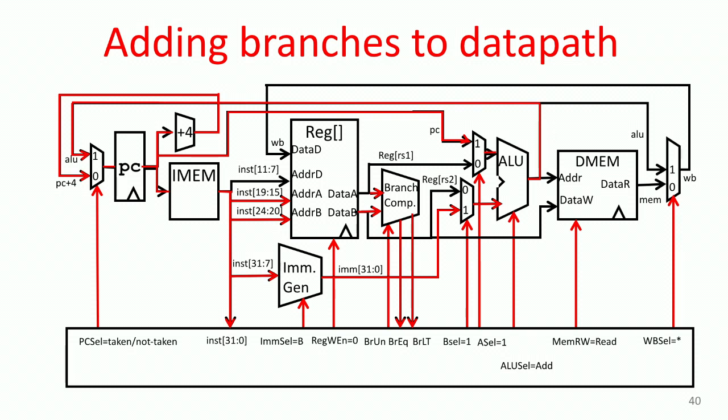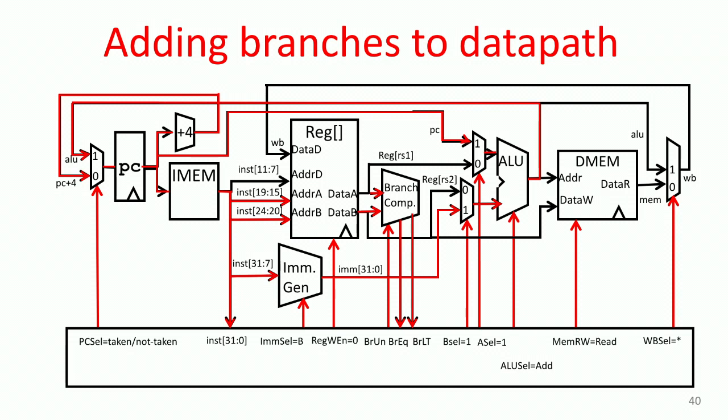What else? We added this control signal for taken or not taken. It's the PC select. And then we added the branch comparator. I'm going to talk a little more about the branch comparator on the next slide.